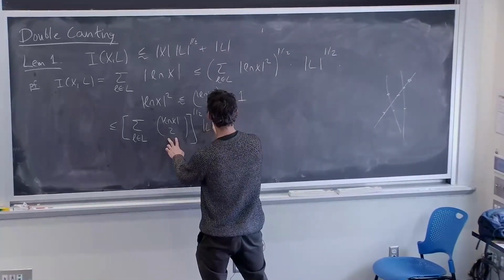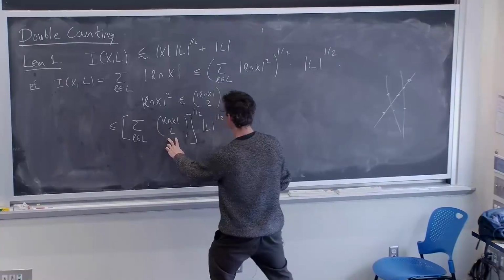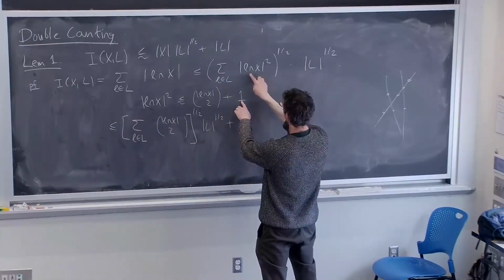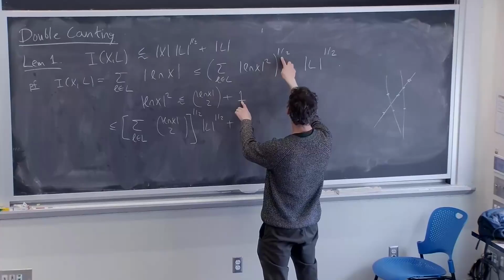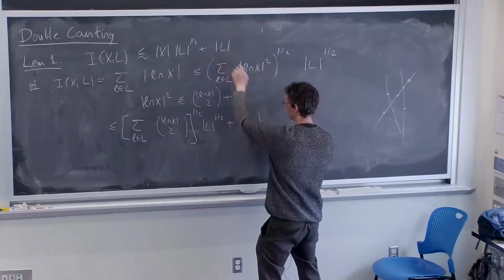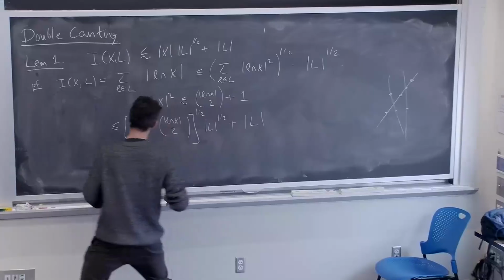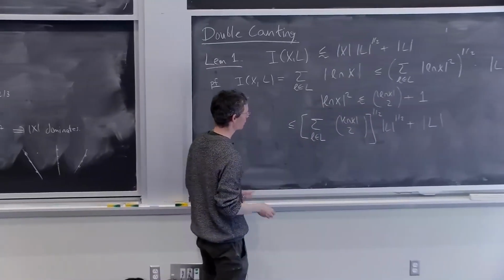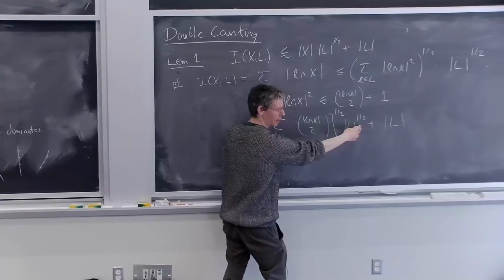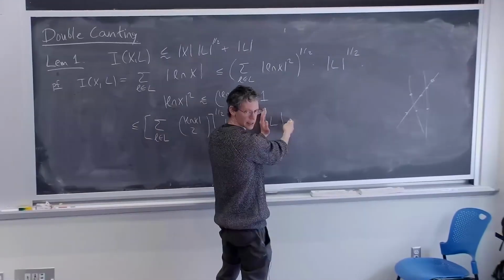And then I still have my L to the 1/2. And then if I put in 1 here, this gives me the number of lines to the 1/2, which groups with that. And I get the number of lines. And this matches that. OK, so this here represents lines that contain at least 2 points. And this represents lines that contain only 1 point.